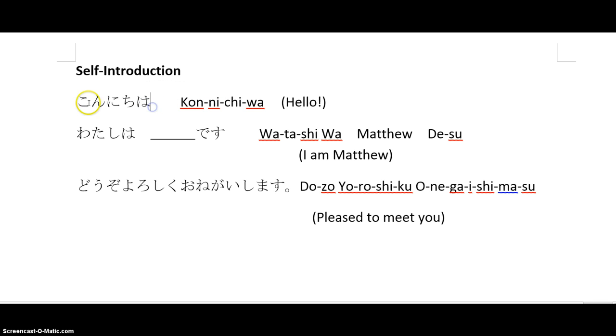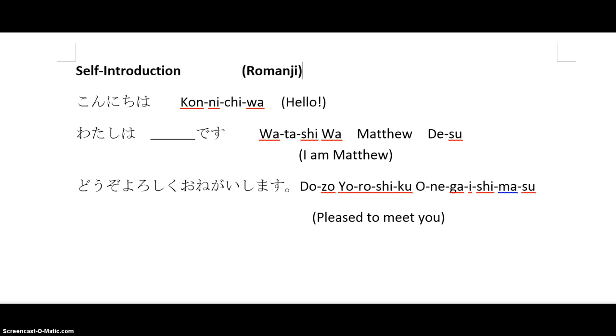Don't worry if you can't write it for now, but you can learn the romaji first. So in Japanese, sometimes people use romaji to write down the pronunciation of the Hiragana. So this is pronounced as konnichiwa, which means hello.